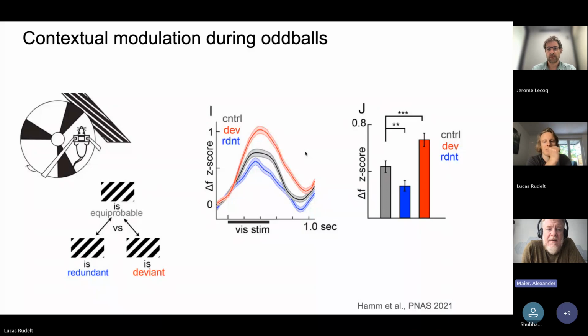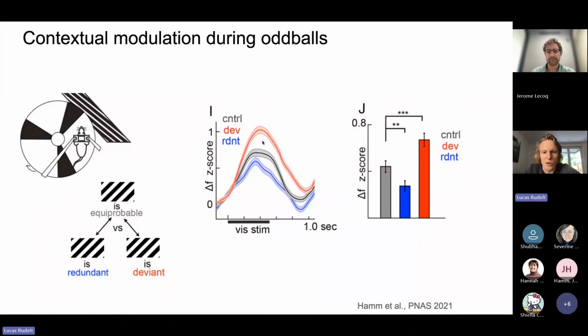Is that correct? Exactly, yeah. So there's this concept of mismatch negativity, which compares the response during a redundant or deviant context. And one lacks the reference to say this is above just a simple stimulus response that is released from some form of adaptation. So yeah, exactly.